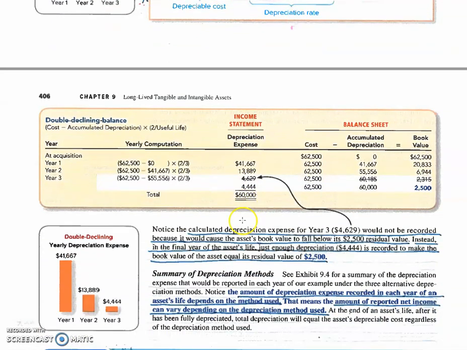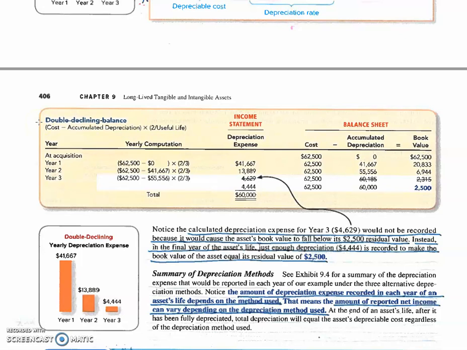Now, the declining balance method, most often referred to as double declining balance. Declining balance just means you use some multiple of straight line percentage life. So if we had a life of 5 years, straight line, that would be 20% per year.